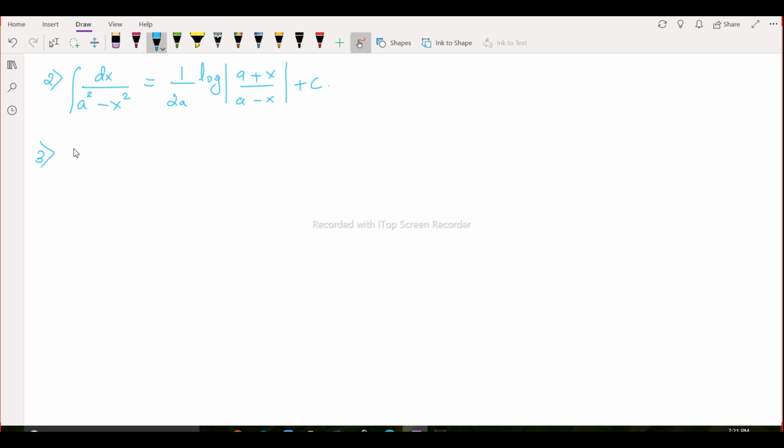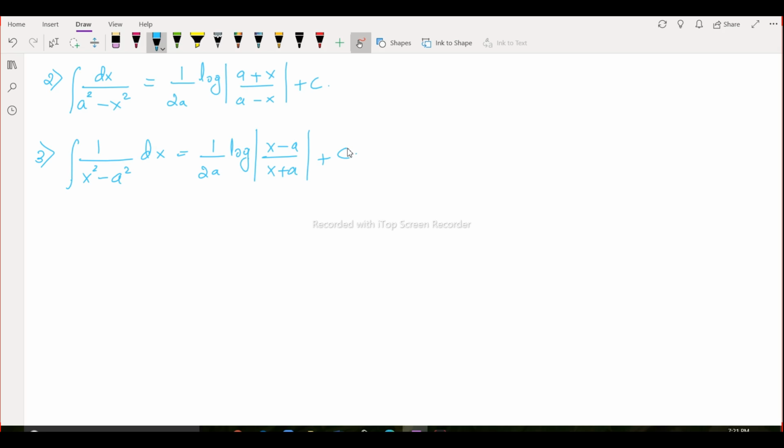The third one is the integration of 1 upon x square minus a square dx, which is equal to 1 by 2a log of x minus a upon x plus a plus c. This is the third one.